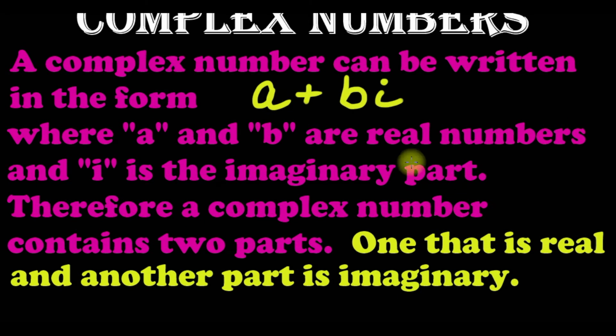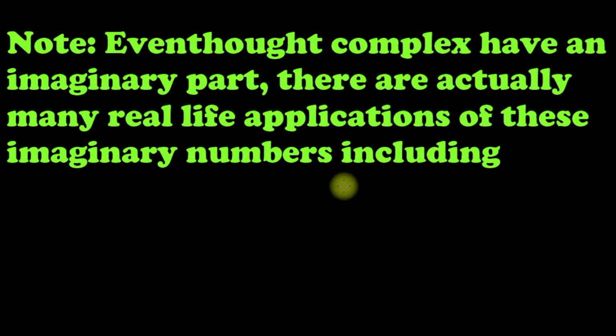An example of a complex number would be 2 plus 5i. Even though complex numbers have an imaginary part, there are many real life applications of these imaginary numbers. They use these types of numbers in electronics and electricity.